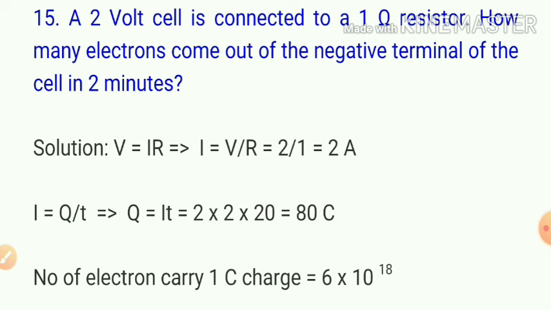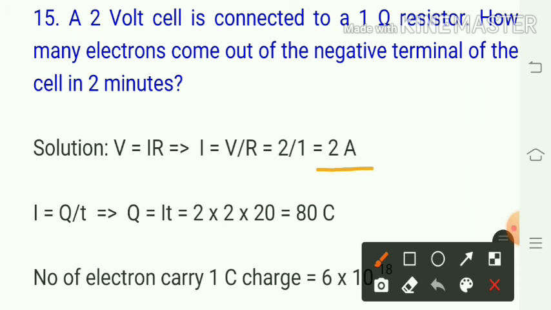Hence we can write V is equal to I R. Therefore I is equal to V by R, which gives 2 ampere.